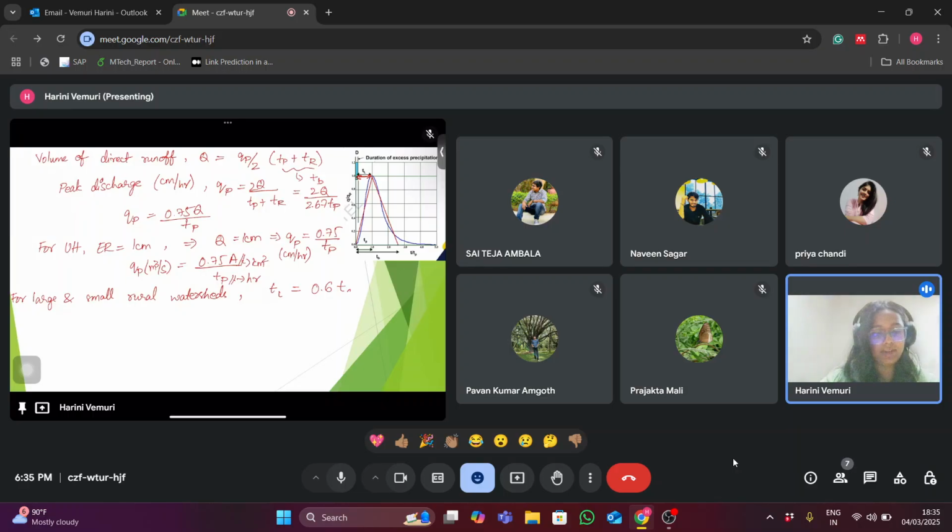You might have remembered where we have studied TC. The TC is the time of concentration of the basin. So we can also write that time to peak, here if you see, this is the time to peak. It will be a sum of half of the duration of excess rainfall plus time lag. That is equal to d by 2 plus 0.6 times TC.